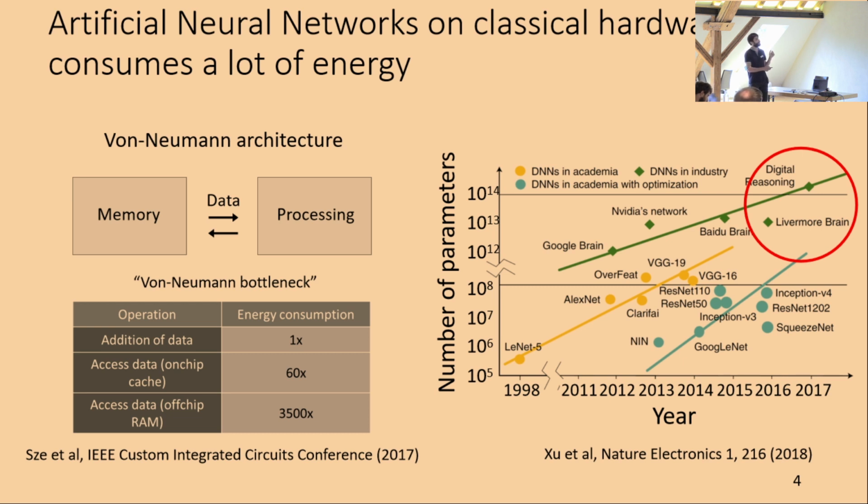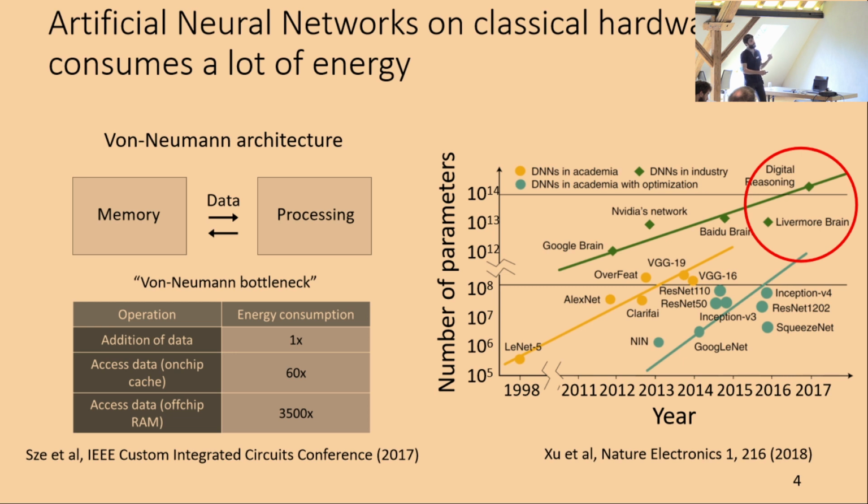We can also see in the table here that these exchanges, which correspond to accessing the data in the memory, cost a lot of energy compared to a single operation. Why could this be problematic in the case of neural networks?